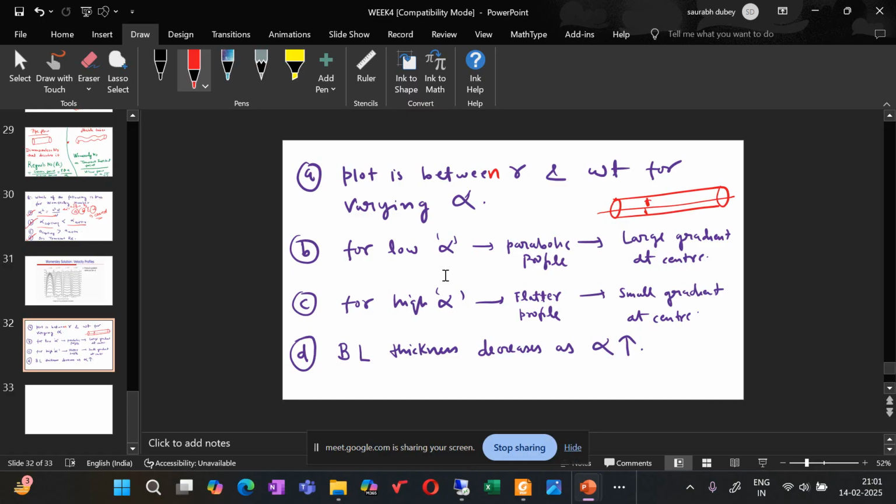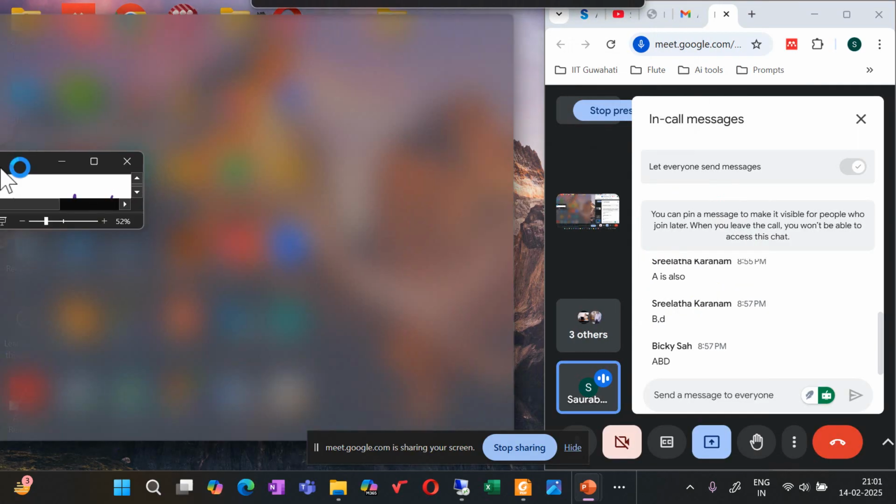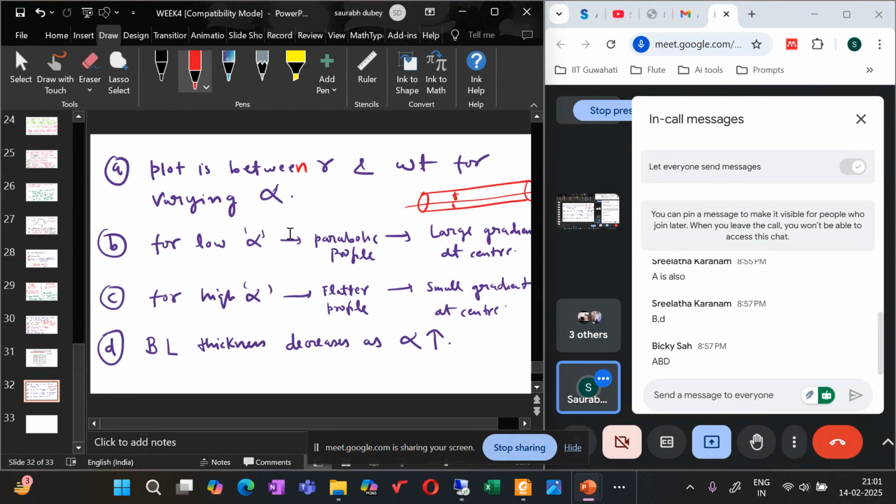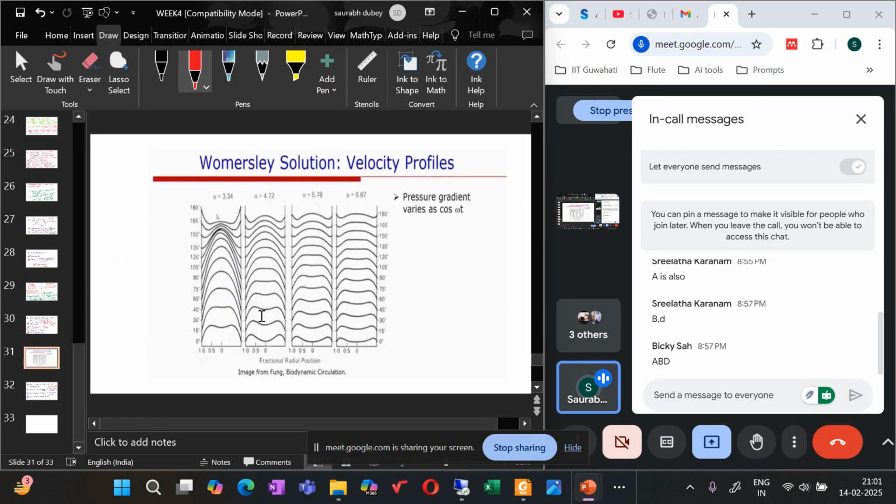And option B is what? The low Womersley number implies that your velocity profile is parabolic, and that leads to a larger gradient at the center. So if you look at the graph, for the lower value of Womersley number, the central position is more parabolic.